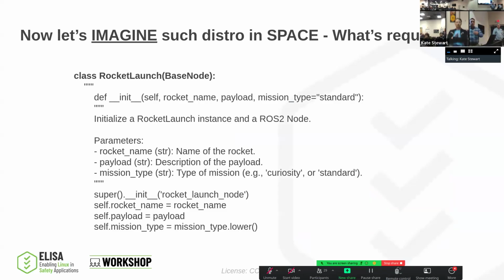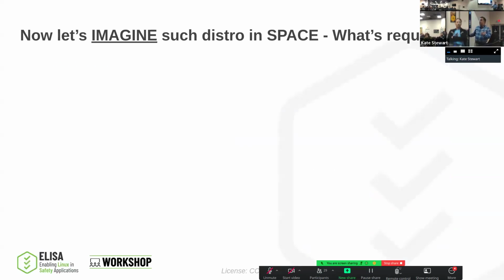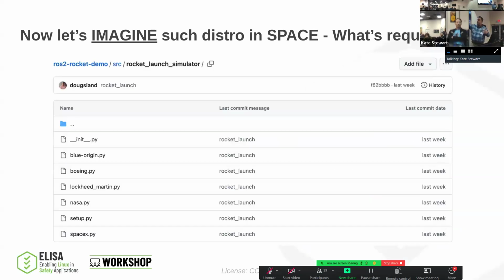I was thinking we should start creating maybe a library or framework. I know there are other frameworks out there, but we can start creating a rocket launch base for all the vendors going to space. As you can see, I have here some of the vendors going to space: Blue Origin, Boeing, Lockheed Martin, NASA, and SpaceX.